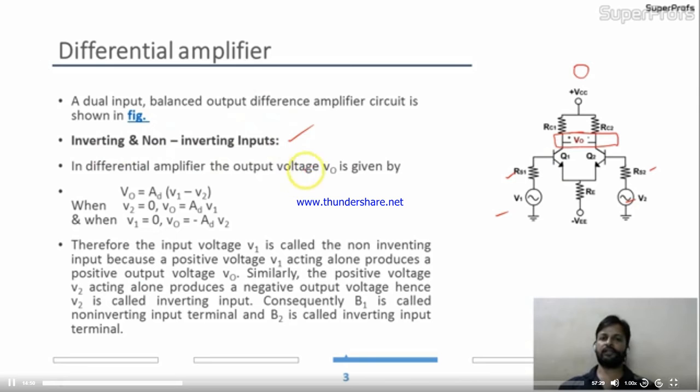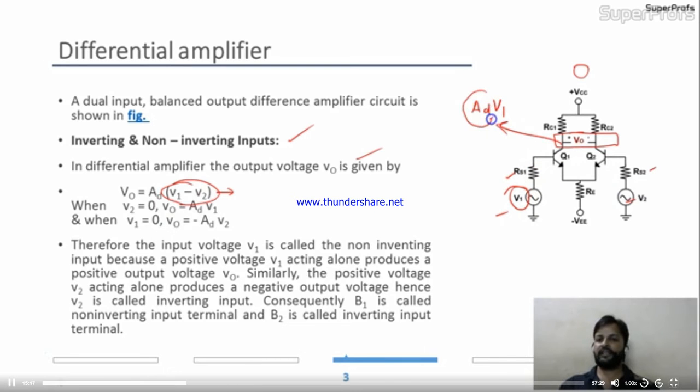Okay. Now inverting and non-inverting inputs. What are the inverting and non-inverting inputs? In a differential amplifier, the output voltage V0 is given by V0 = AD (V1 - V2). We are sure that we are getting the difference of the two inputs. Because both are identical, at this point you are getting AD V1.